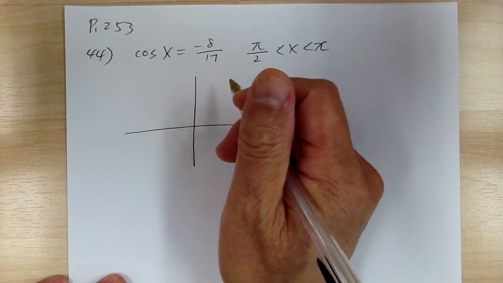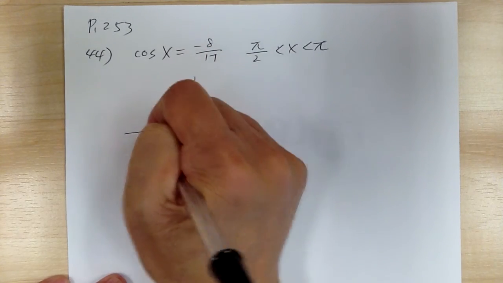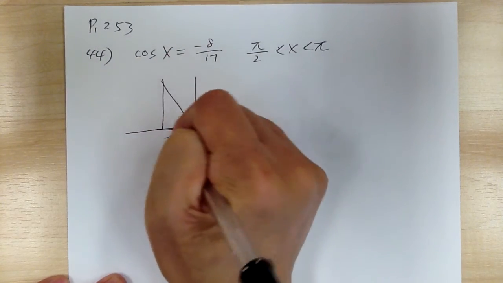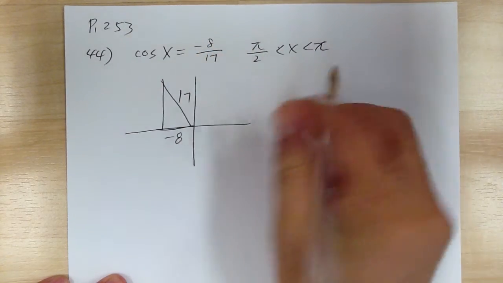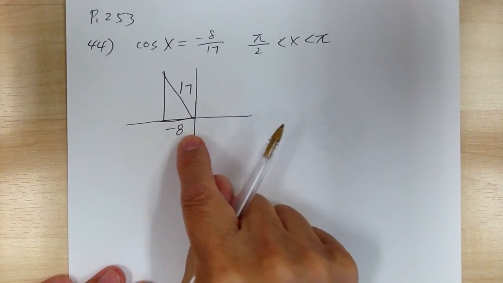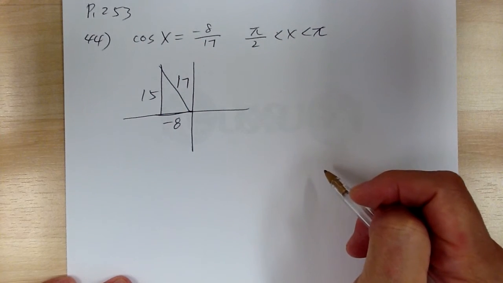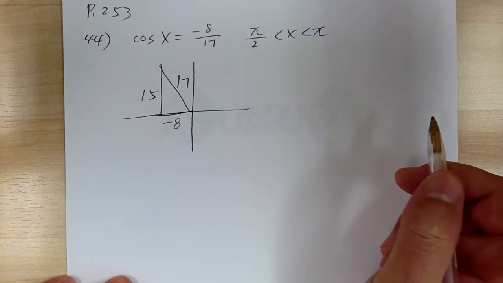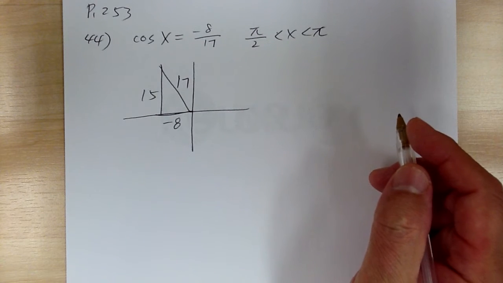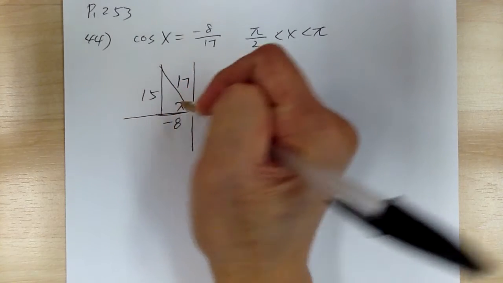So it's going to be in quadrant 2 and cosine is negative 8, so it's going to be like that. Okay, quadrant 2. So again, that's your special triangle, negative 8, 15, 17, right? So now you can go ahead and figure out the rest of it, right? So here's your angle x.